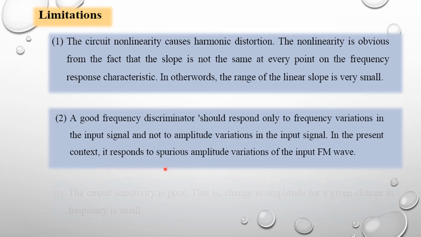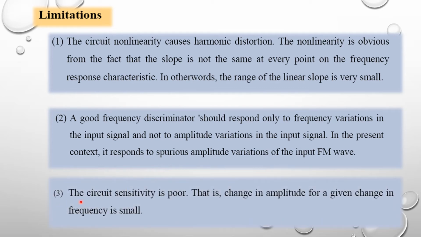The third limitation is that the circuit sensitivity is poor, that is, the change in amplitude for a given change in frequency is small. These are some limitations of the simple slope detector.